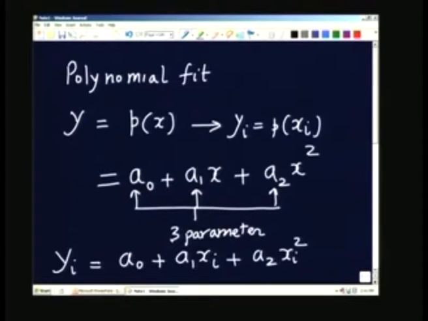So the problem consists of determining the constants a naught, a1 and a2 by using the method of least squares, because that is common for all regression models. So let us just elaborate on this a little more.